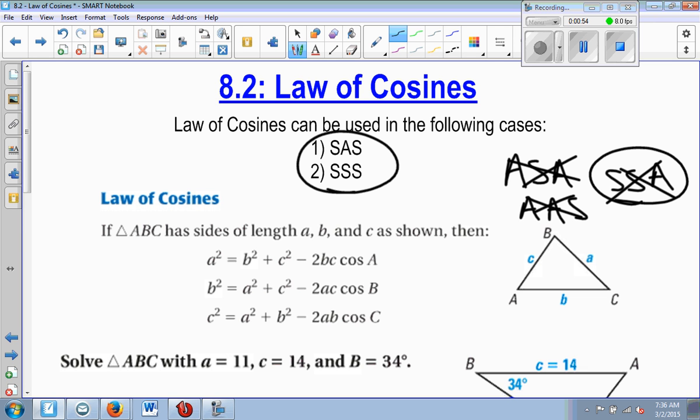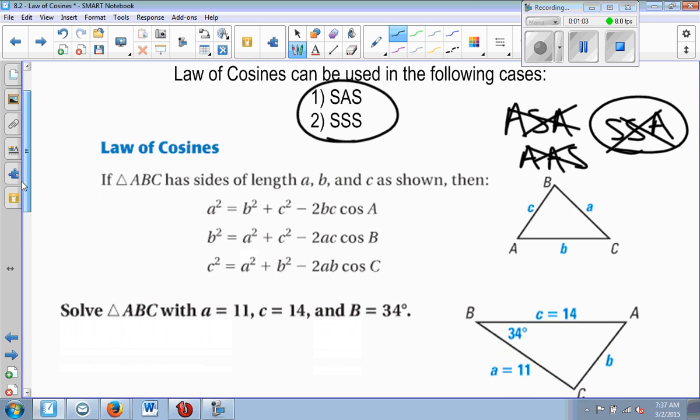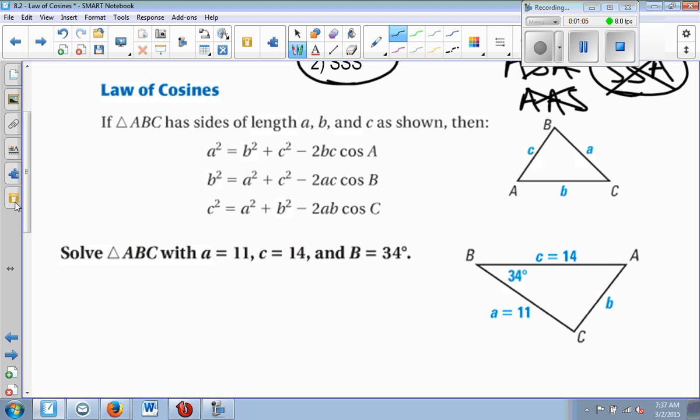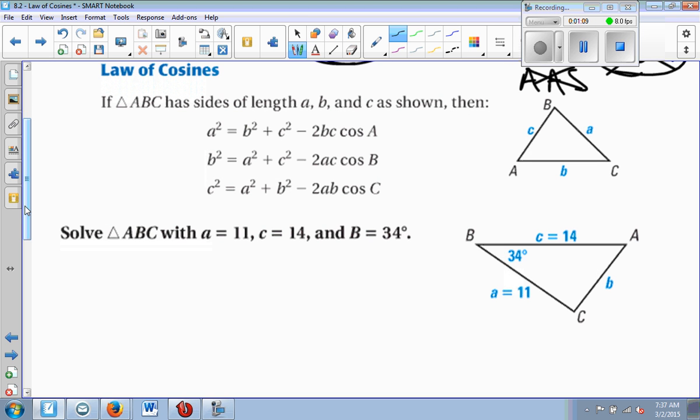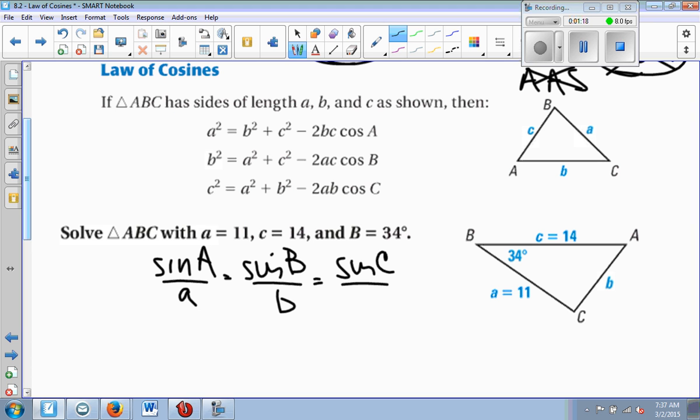Law of cosines can be used anytime you're given three sides or you're given two sides and an included angle. The reason why we have to use law of cosines instead of law of sines is because in order to use law of sines, which looks like this, we have to have one of these ratios fully complete.